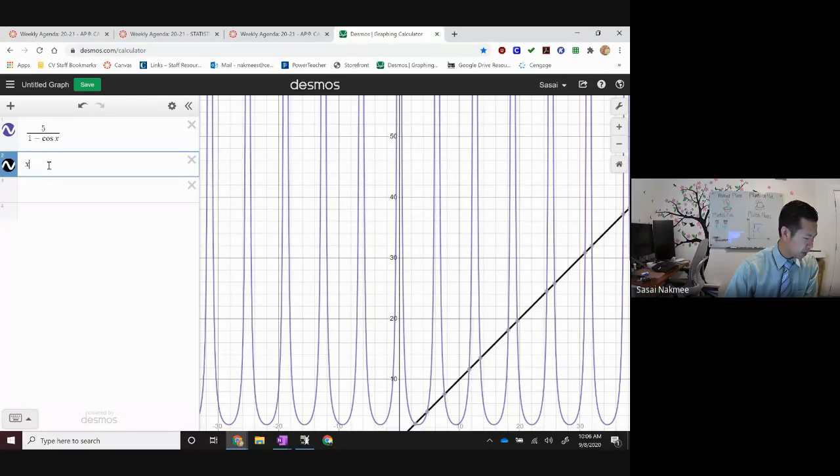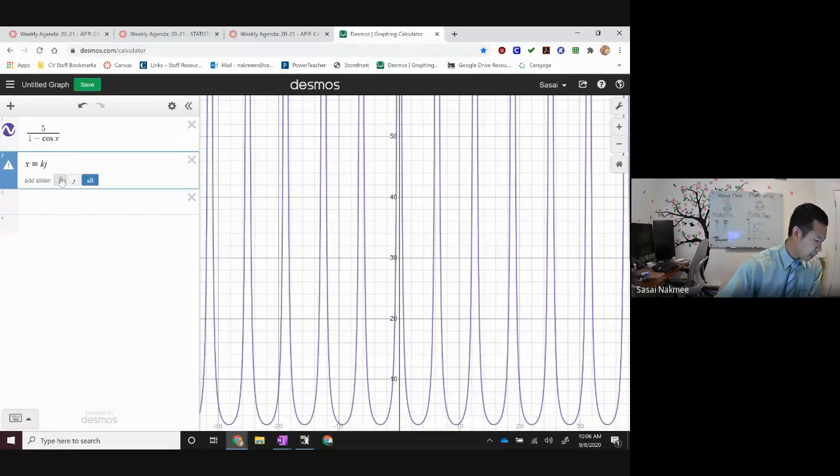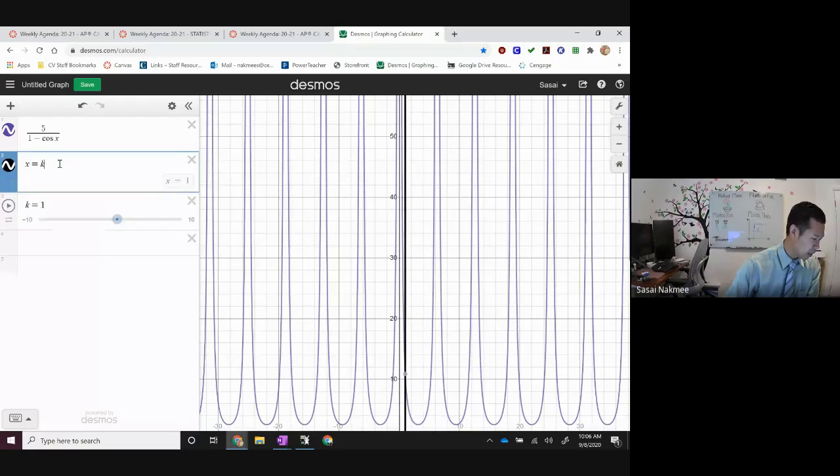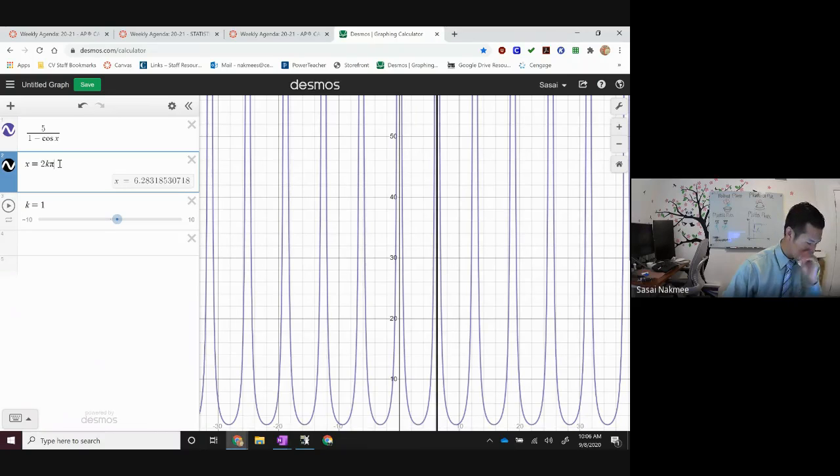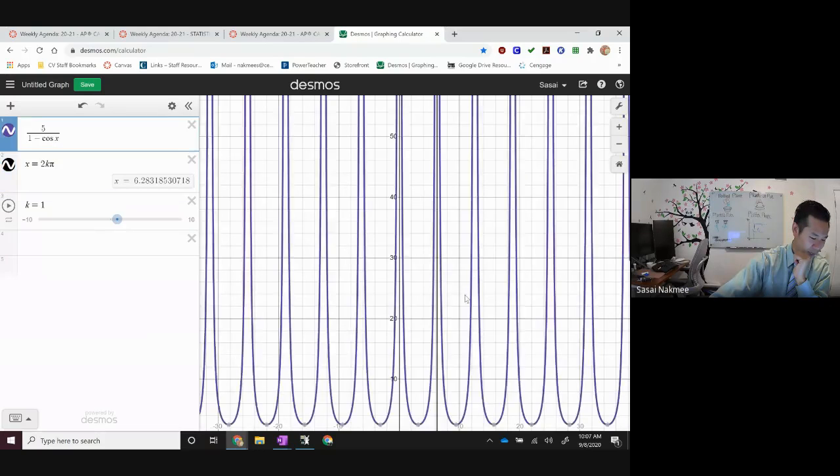Well, x equals j. There we go. Add a slider for k. We'll get rid of the j. Put a 2 in front here. I gotta work on my Desmos skills here. I'm forgetting how to do this, but it's not actually that important.